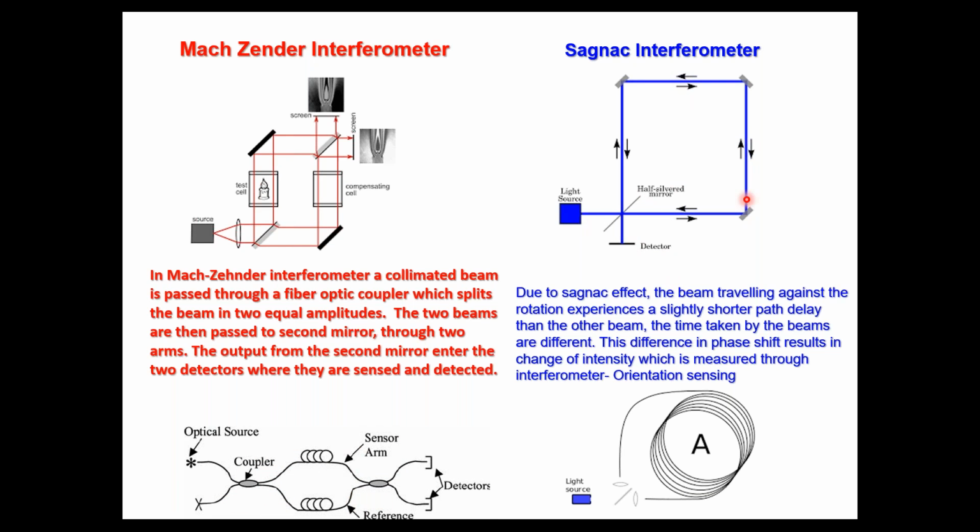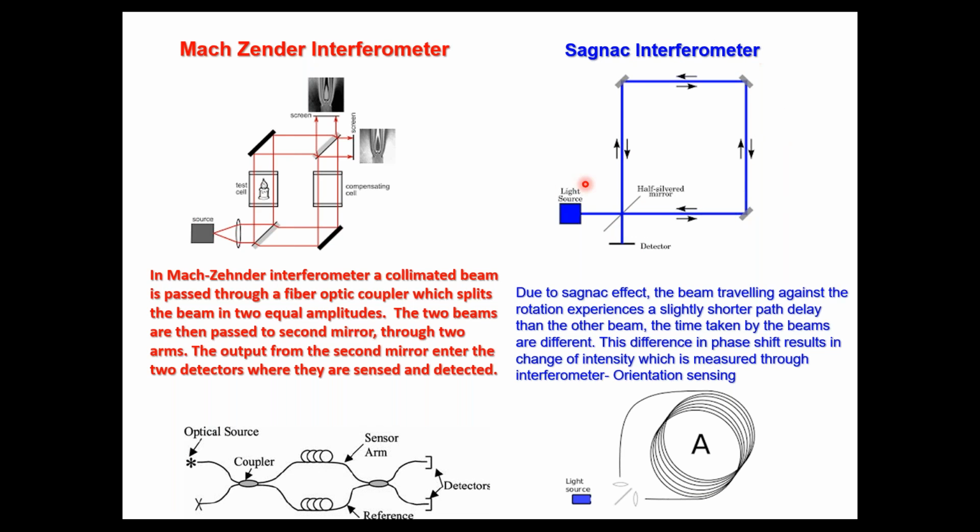Here there is a Sagnac interferometer. A Sagnac interferometer is usually used for orientation sensing or rotation sensing. You can see the bulk setup. It contains a beam splitter and three mirrors, so that the light from the source is allowed to travel in two opposite directions, clockwise and anti-clockwise.